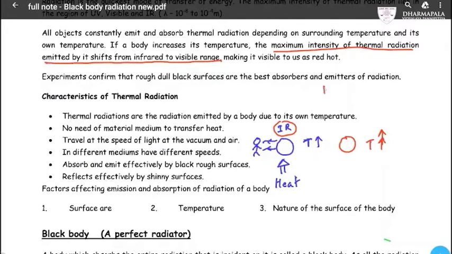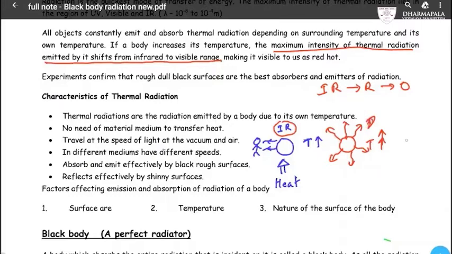After IR, the visible range starts from red, then orange, like that. So after IR, this object has started emitting more red color waves. That's why we see it in red color.